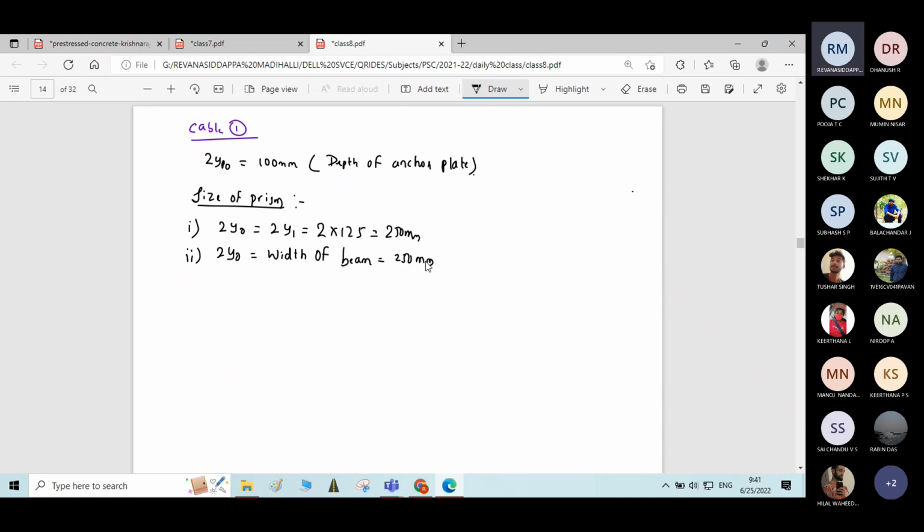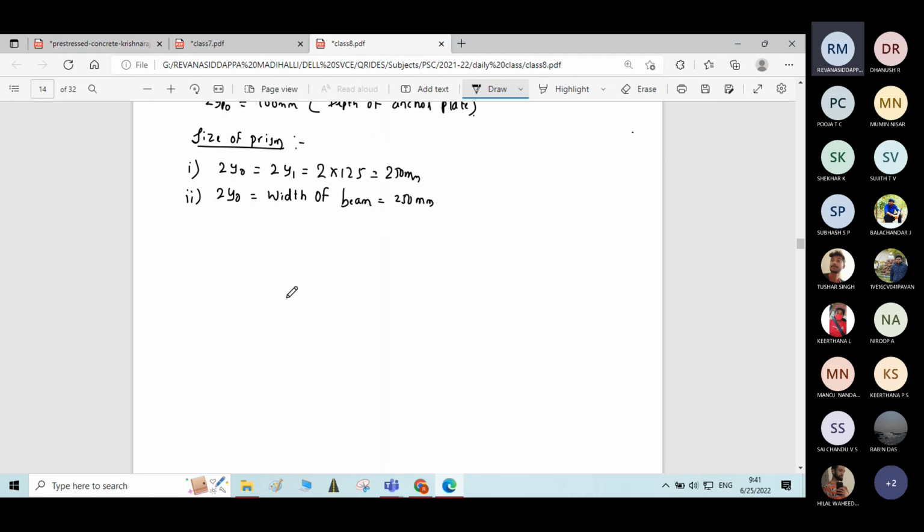Out of these two calculations, you need to take the least value. Both are the same, so 2y0 becomes equal to 250 mm.